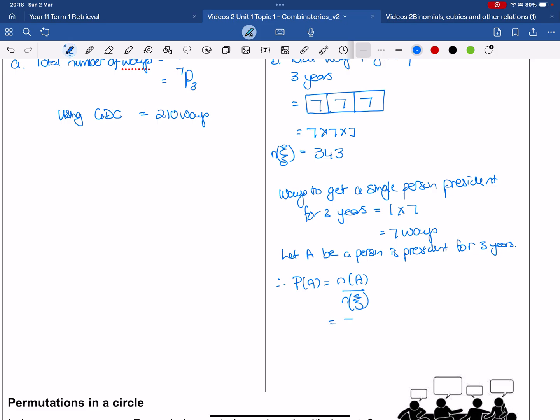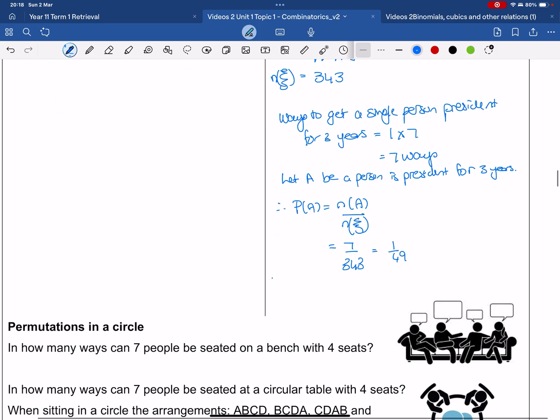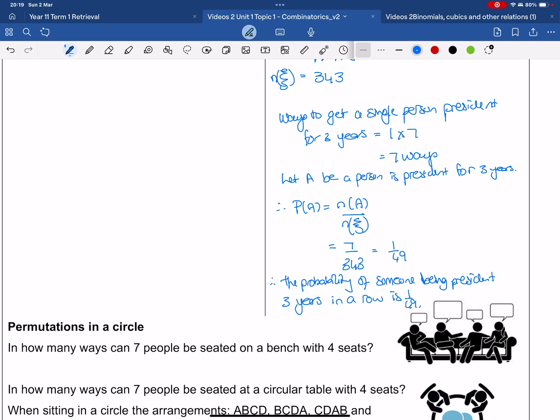And that then gives me 7 over 343, which is 1 over 49. Okay, so therefore the probability of someone being president 3 years in a row is 1 over 49.